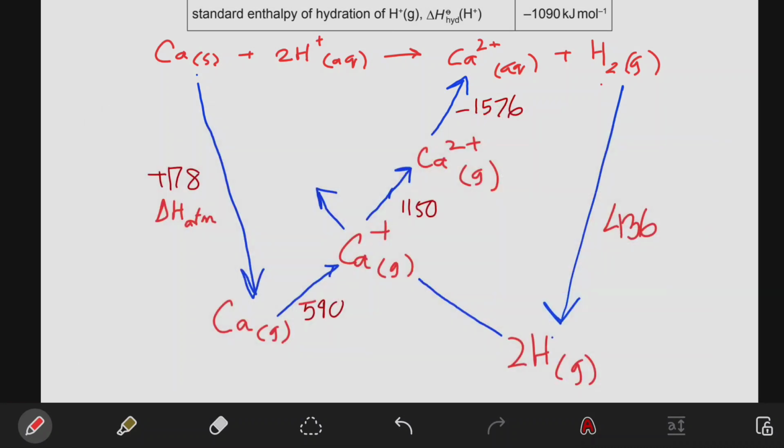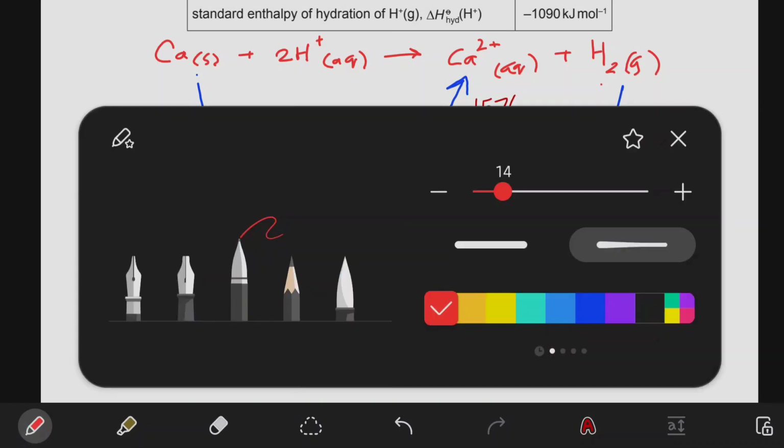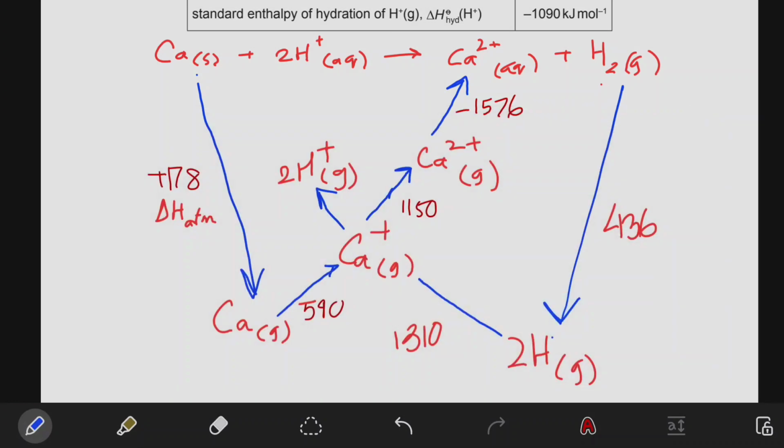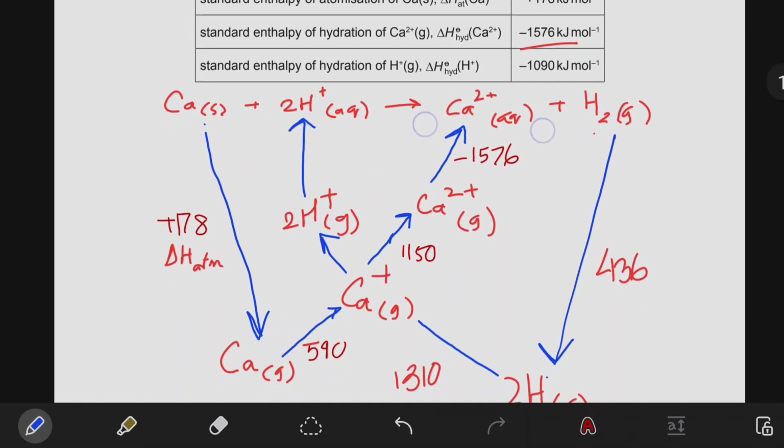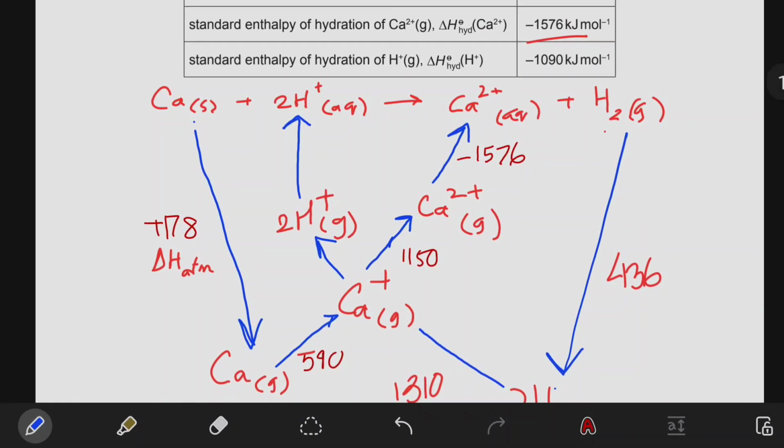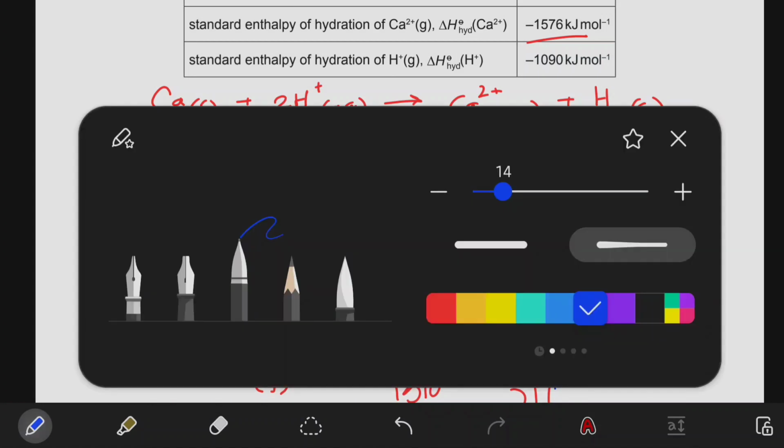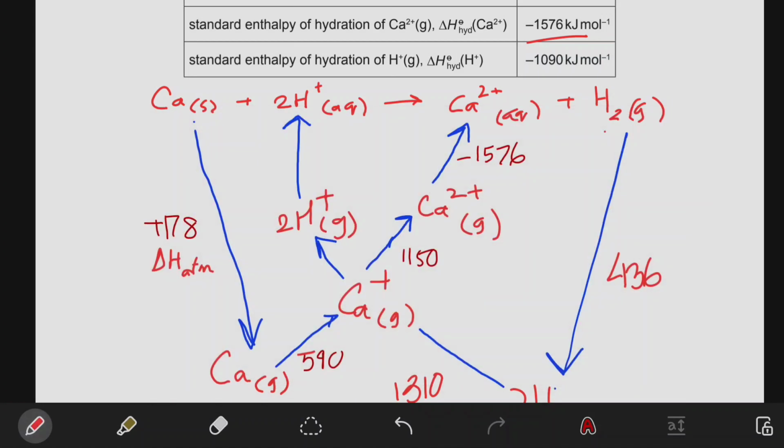First ionization energy, it would be converted to 2H plus gas. And the first ionization energy is 1310. Okay, and then lastly we have to convert this to this, and that is hydration. The enthalpy of hydration, which is given as negative 1090.